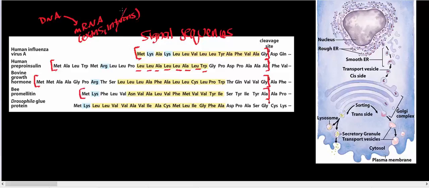The introns, of course, don't code for protein, but the exons do. Part of the function of the exons when they get translated is to code for these signal sequences, and we'll talk about the functions of those later. I won't mention it right now, but this cleavage site is the site of cleavage for an enzyme called signal peptidase. We'll talk about that in a few minutes. This is the cleavage site for signal peptidase, a very important enzyme in rough ER function.